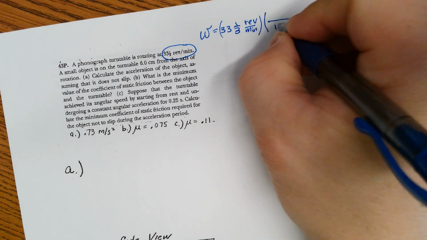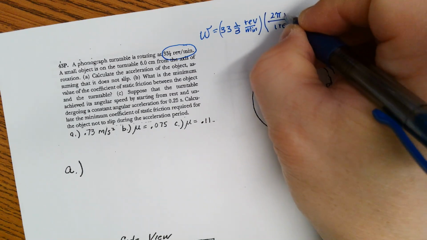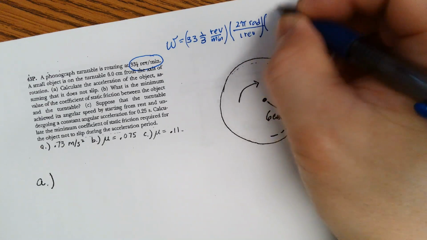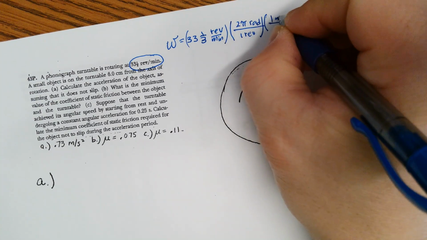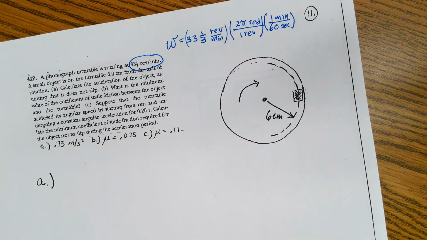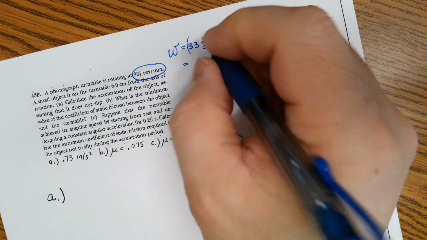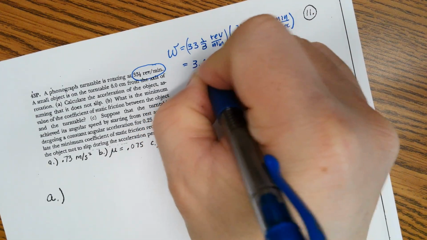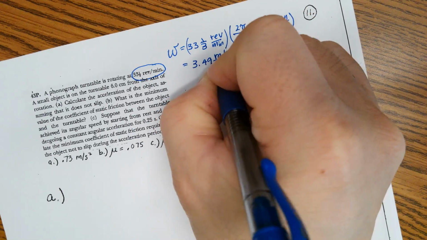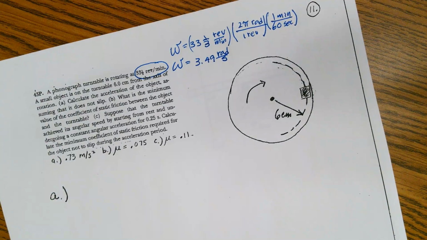So in 1 revolution, there are 2 pi radians, right? And then, obviously, in 1 minute, there are 60 seconds, right? So hopefully, we should be able to convert that into 3.49 radians per second as my omega, all right? And that's good to know.